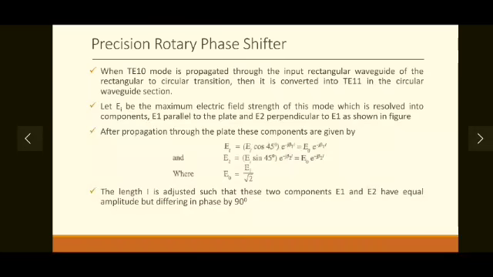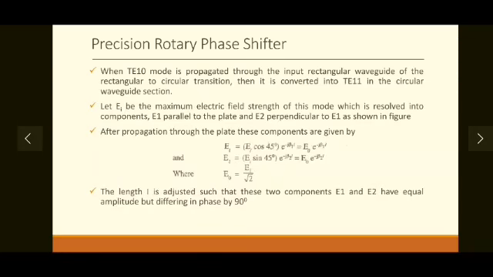Just as I said, the incident wave is resolved into two parts, E1 which is parallel to the plate and E2 perpendicular to E1, which we have seen in the figure. So after propagation through these plates, these components are given by, EI is the original one. So E1 will be equal to EI cos 45 because it's parallel to the plate.